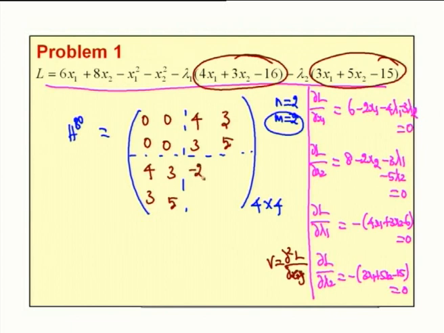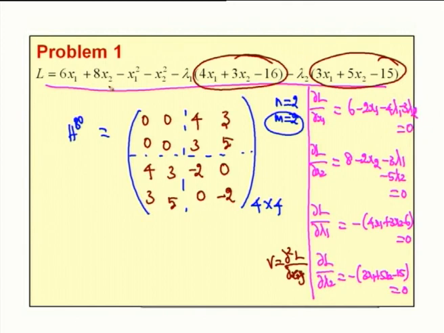Therefore, the first entry is minus 2. Then ∂²L/∂x2∂x1, since there is no x2, takes the value 0. Then the second row, ∂²L/∂x2² is minus 2, therefore in this place minus 2. And ∂²L/∂x1∂x2, there is no x1, therefore it takes the value 0.